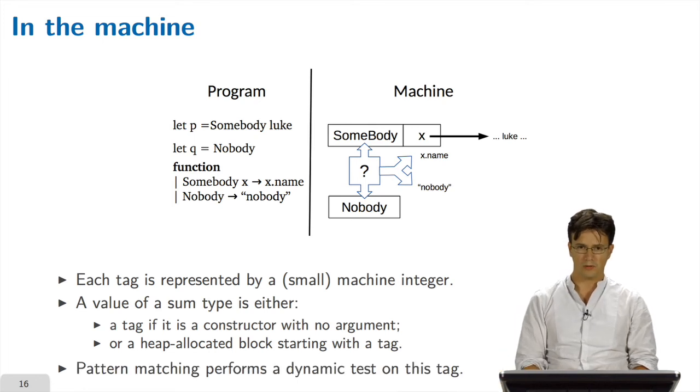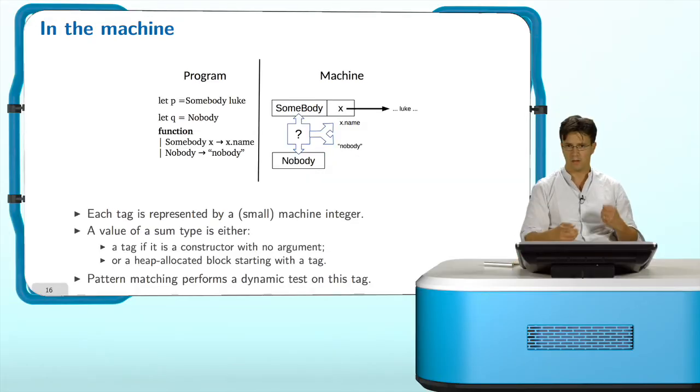So when you do pattern matching, the first thing you do is a dynamic test on this tag. And when you know the value of this tag, then you can choose the right branch of your pattern matching.